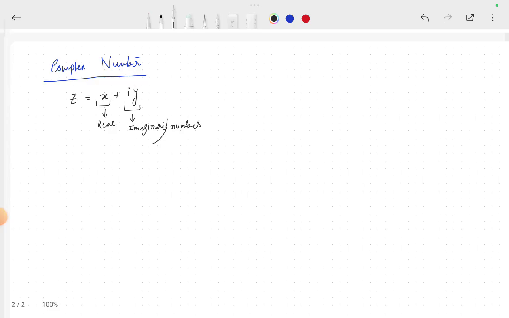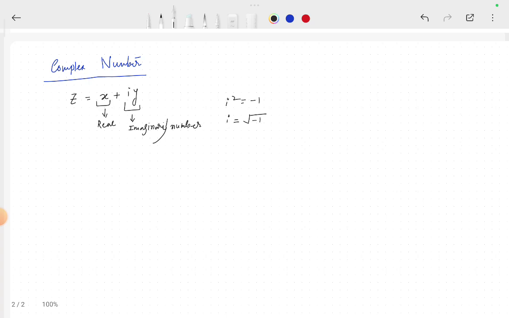Here i has the value such that i squared equals minus 1. So i equals basically root under minus 1.